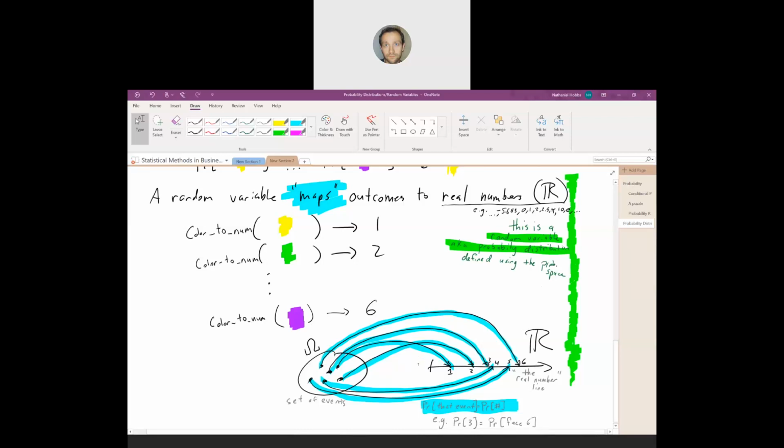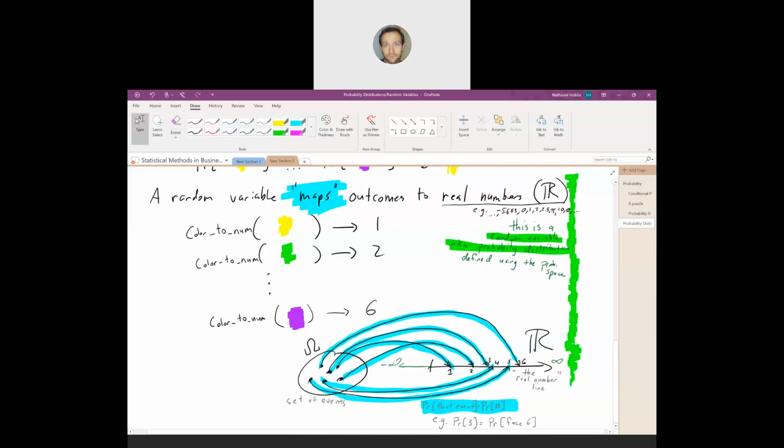And this is basically a line that extends from negative infinity to infinity. And so for any event, you assign it a number. You can think about it like this, you're just giving it a number, or you can think about it like there's this infinitely long line, and points from the set are mapped to somewhere on the line. Here, I'm highlighting this in blue because that's what I mean to map.